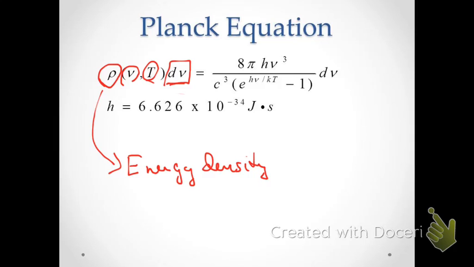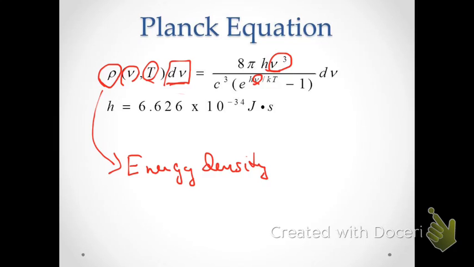On the right-hand side, we have the expression itself for the energy density, and we will note, of course, that in this expression we have frequency in the numerator and frequency in the denominator. So we see two effects here. The term in the numerator would indicate that if frequency increases, that term increases.